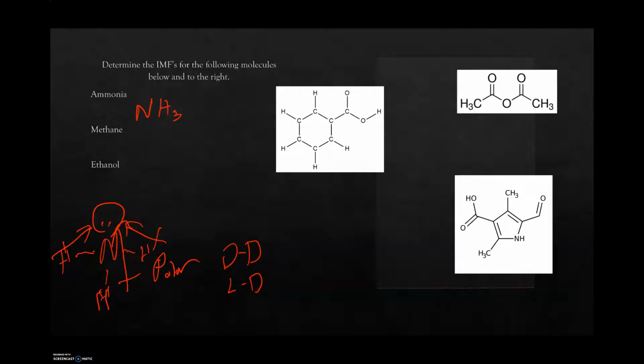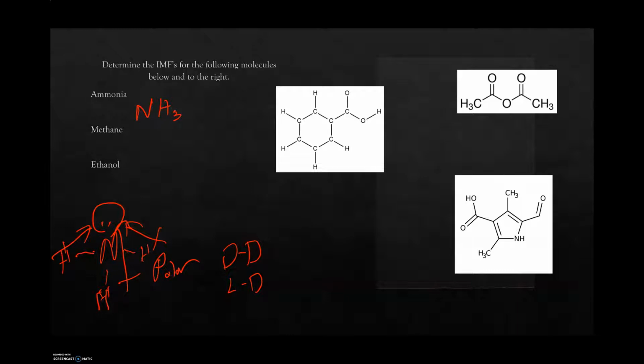Now, remember that there were 4 intermolecular forces. The 2 that have not been discussed are ion dipole and hydrogen bonding. Ion dipole is not an option because there are no ions present. There has to be an ion present, such as Na plus, Cl minus, anything that has a charge that's represented as an ion.